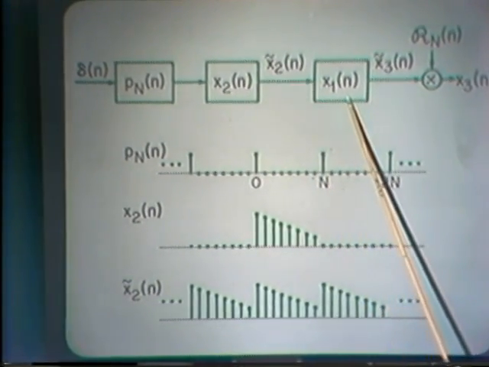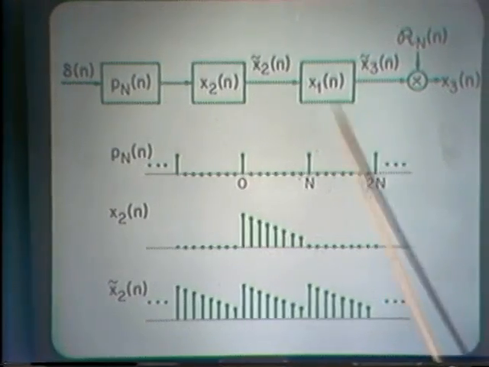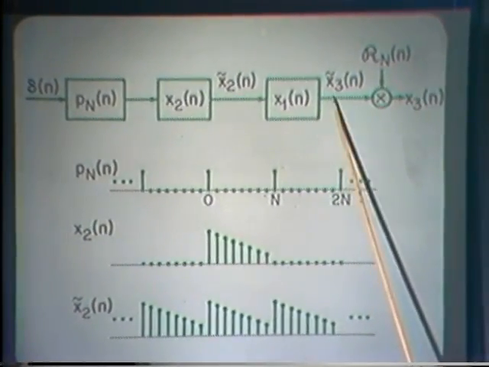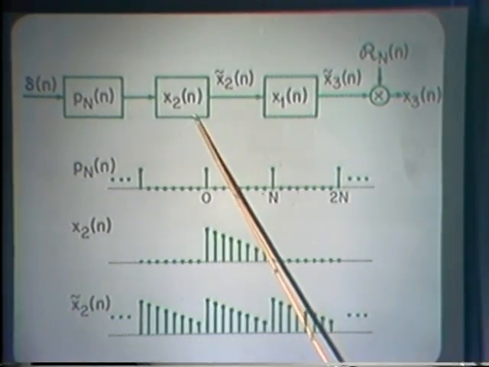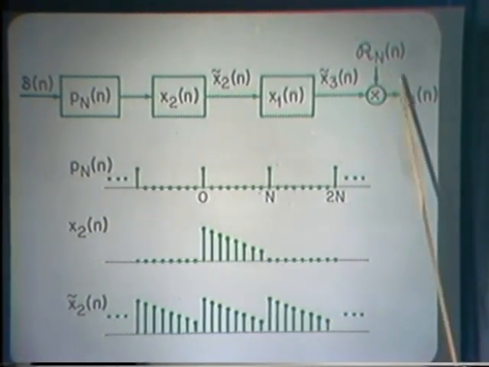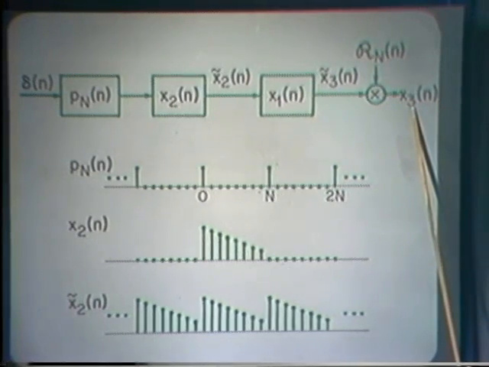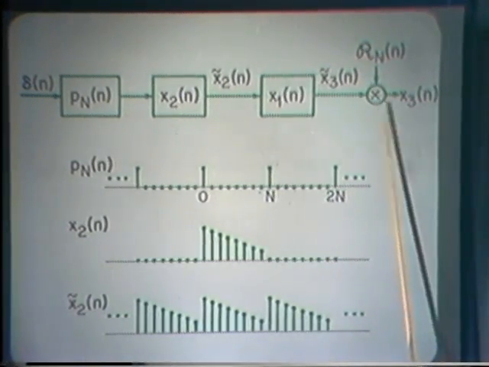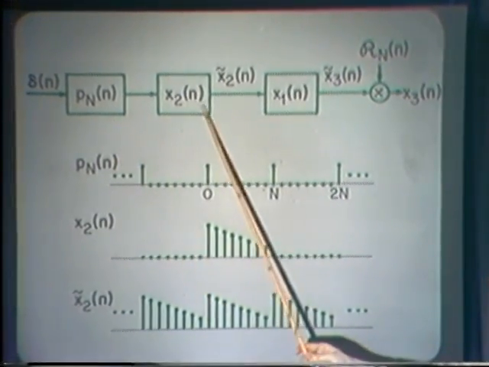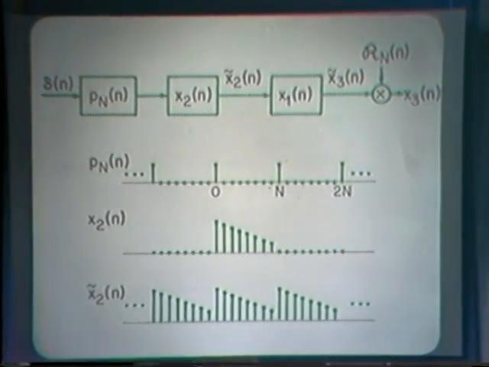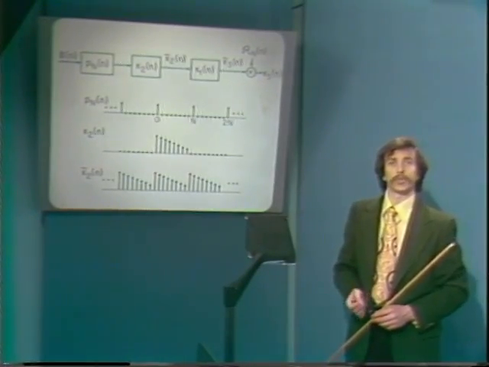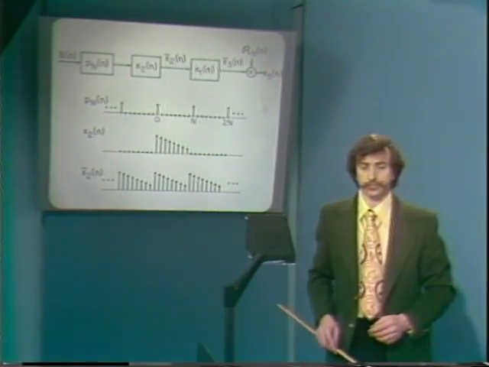Using that as the input to a system whose unit sample response is x1 of n, the output is the periodic convolution of x1 of n with x2 of n. We extract one period, and we get finally the circular convolution of the finite length sequences x1 of n and x2 of n. Well, the fact that we can view the circular convolution in terms of a cascade of systems of this type leads to a very important and interesting interpretation of circular convolution.